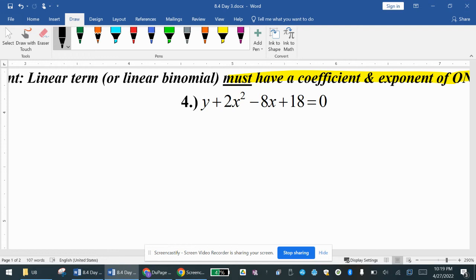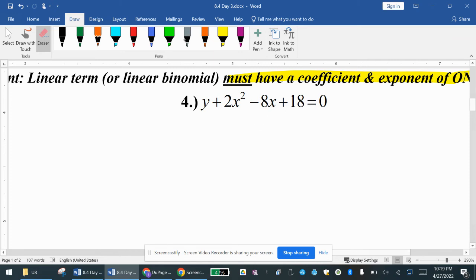So, for example, here I can move these to the other side and then complete the square and leave the y plus 18, or I can move the y and the 18 to the other side and leave the 2x squared minus 8x. You could try it both ways and you'll see that you get the same thing.